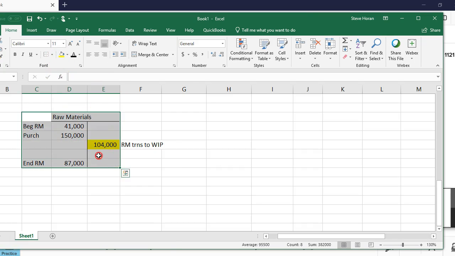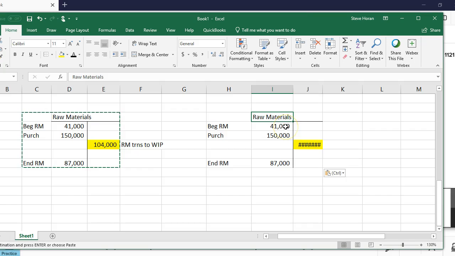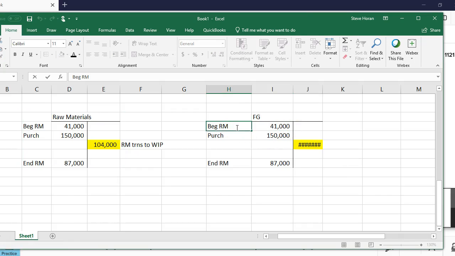Okay, let's do the same thing then. We'll copy and paste this one over. Instead of raw materials, now we'll do finished goods. So FG for finished goods. That's my beginning finished goods, and then my ending finished goods. My beginning number was given to us. It was 173.